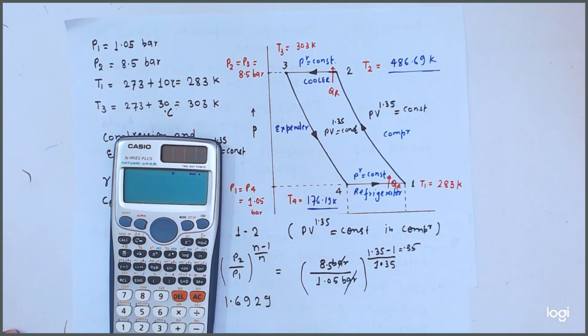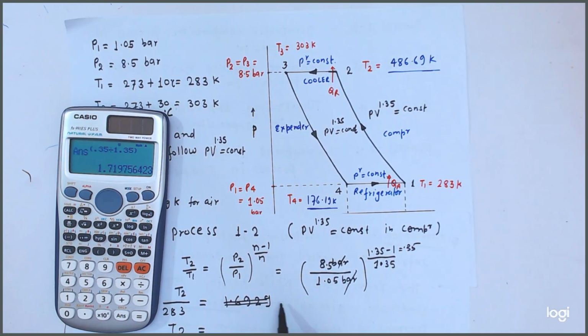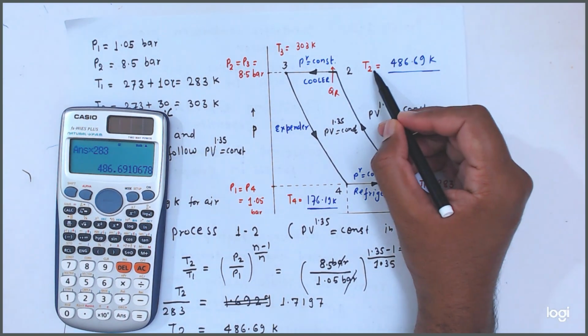So we will calculate again. 8.5 divided by 1.05, so its value to the power 0.35 divided by 1.35 will come as 1.7197, and the T2 value is equal to 283 times this. So friends, it will give 486.69 Kelvin.